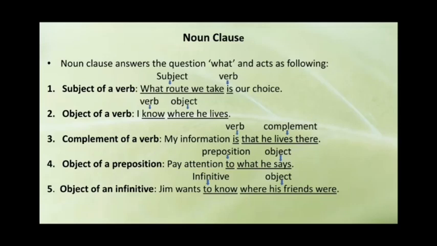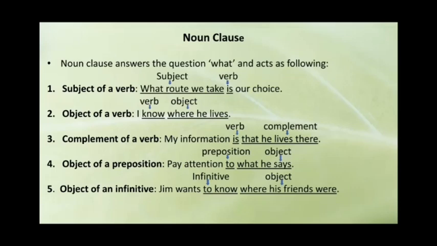So what route we take, that part is the subject, and is the verb. So children, the subject, what route we take, is telling something about the verb, is our choice. This is the way you can find out if the sentence has a noun clause or not.